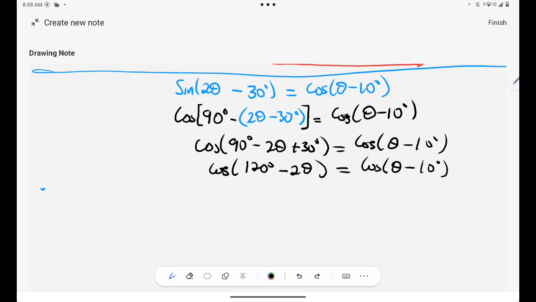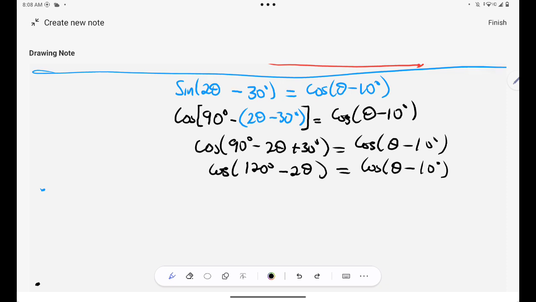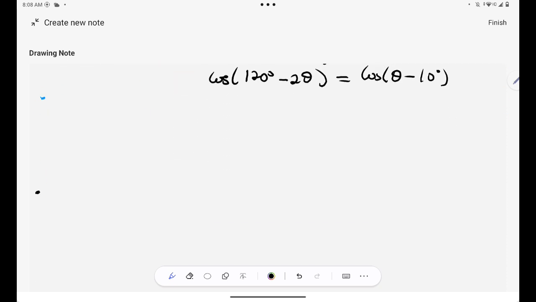So I know that cos is positive in the first and fourth quadrant. Are you together? So we will simply write this thing as in the first quadrant, just say 120 minus 2 theta is equal to theta minus 10 degrees plus k 360, where k is an integer. Are you together? So all you need to do is to just isolate theta.